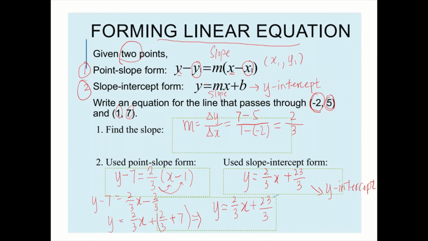To find the linear equation, we look for the slope first, and after that substitute into the point slope form formula to find the equation. Or after that, we can solve the point slope form to find the slope intercept form.